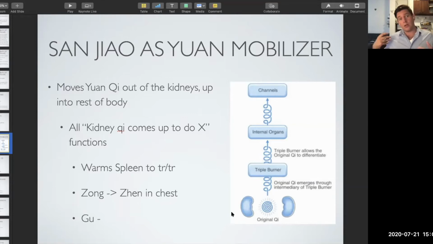But also, if the kidney yang is weak, then the kidney yang doesn't come up through the Sanjiao to support the spleen in raising things through the Sanjiao. Yeah. So it warms the spleen to transform and transport by bringing warmth up from the kidneys. It helps transform the zong qi into the zhen qi in the chest.